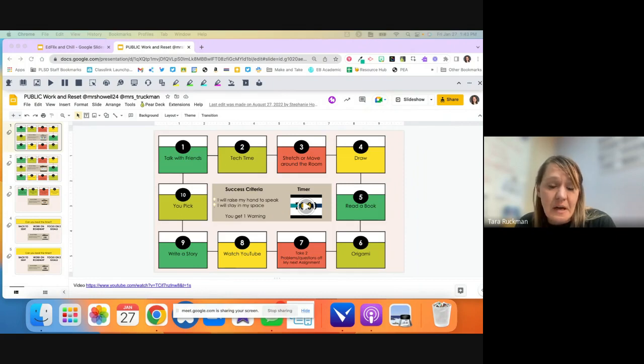It's designed to help improve concentration and reduce distractions, but it also increases productivity. When we took baseline data and used this work and reset, as we call it, mimicking the Pomodoro technique, they actually gained 12 minutes of instructional time per week compared to the baseline data.